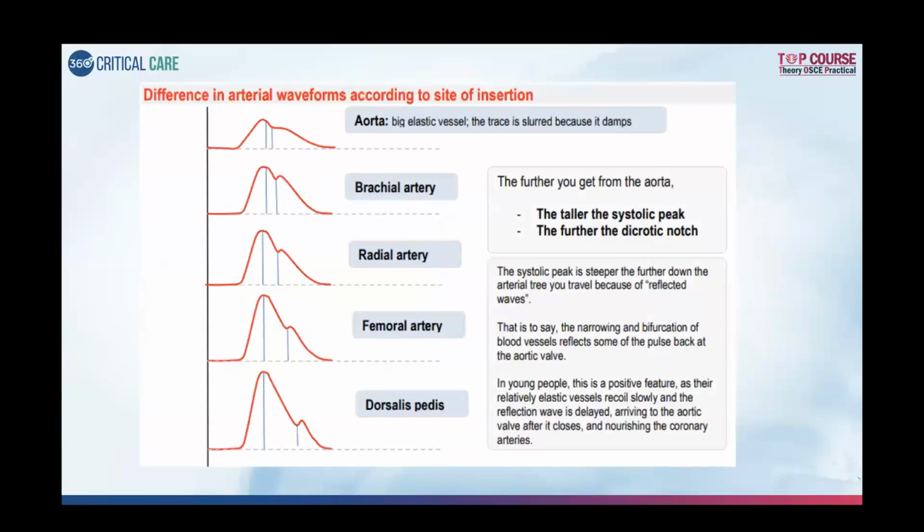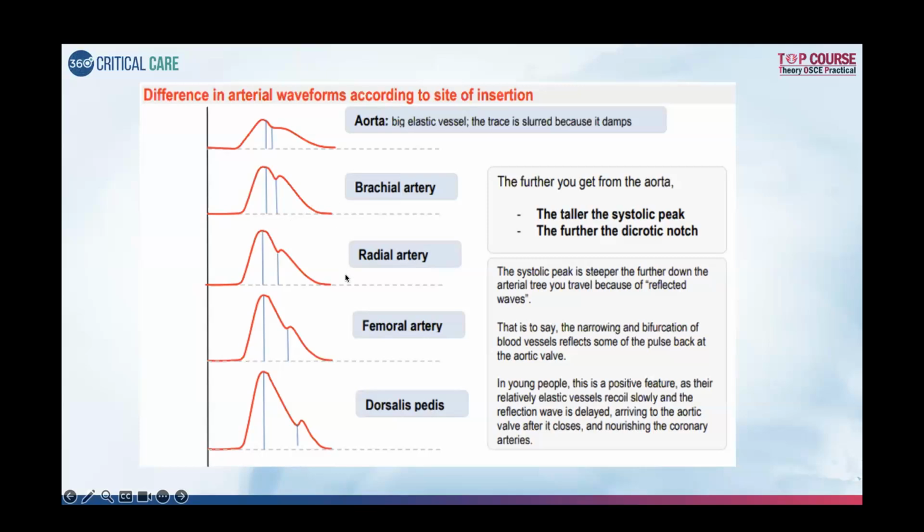Now, based on where you are measuring, there will be different types of waveform. Again, this can be framed as a question showing you the site of the arterial line. Usually with aortic cannulation, you can have this sort of waveform where you have big elastic vessels and the trace is slurred because it is damped. In the brachial artery, the dicrotic notch is a bit higher.